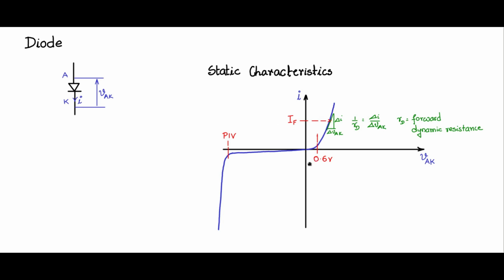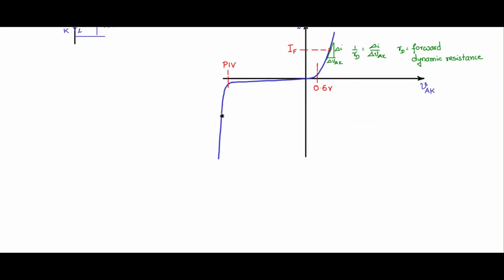Let us now do a comparison of the characteristic. We saw that this is the actual static characteristic of a practical diode, which gives an idea of the operation of the diode. So now let us compare the static characteristic of a practical diode with the ideal diode.